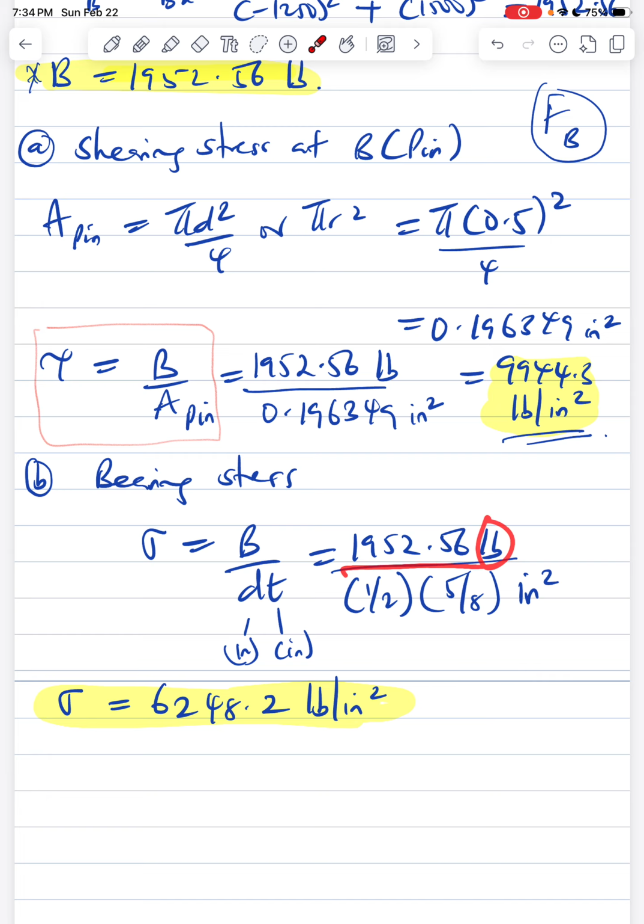This is already in pounds, half inch diameter, thickness 5 over 8. If you compute that, you get 6,248.2 pounds per inch squared. I hope this helps. Cheers.